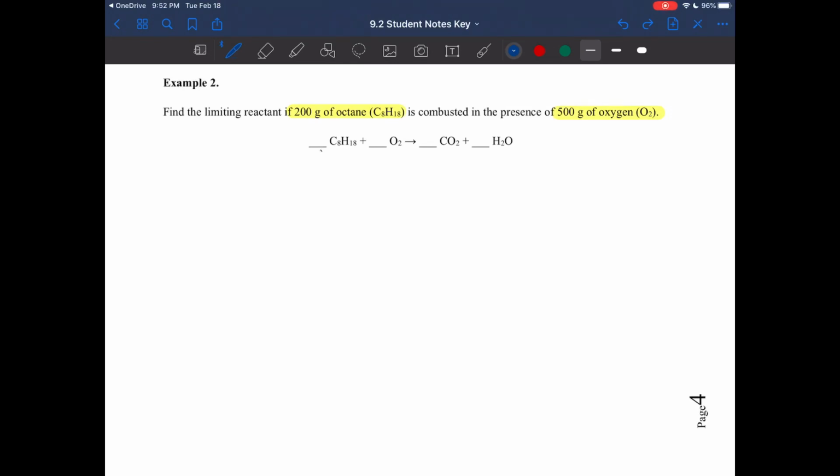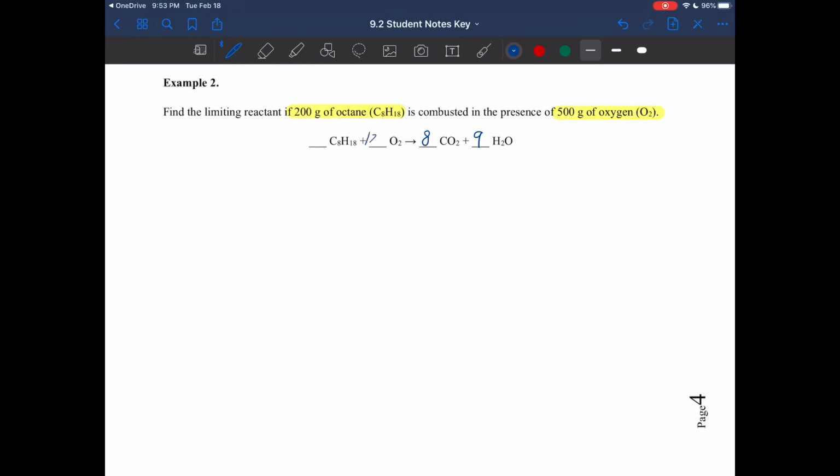Okay, I'm thinking, we have 8 C's here, so I'm going to put 8 there. What else? We have 18 H's there, so I'm going to put 9 there to get the 18 on the right side as well. And then counting up the O's on the right side, it looks like we have 16 plus 9 is 25 O's.